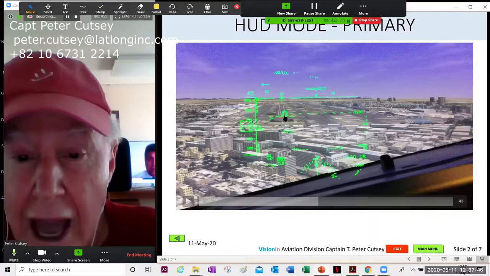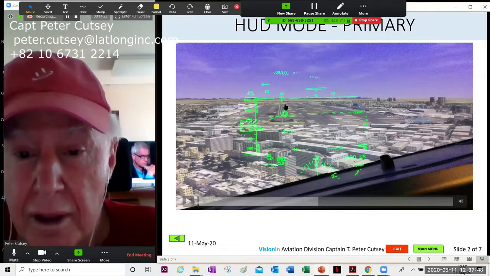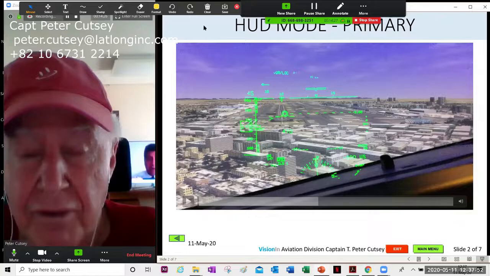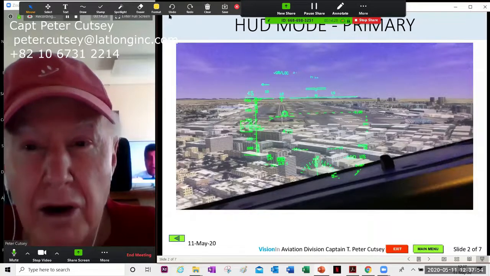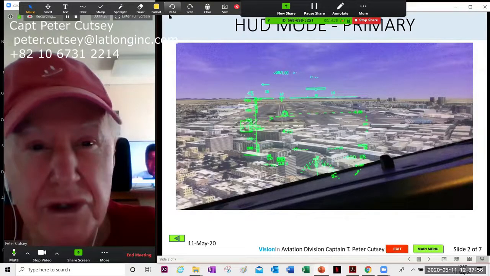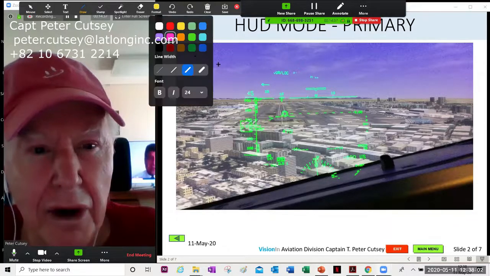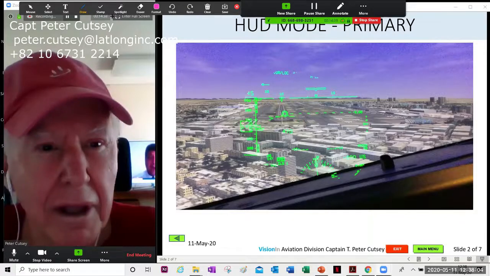That's called the guidance cue. And really, it's a flight director guidance cue. And if you had flight director bars, let me just see if we can draw a little picture here for you. Let's see if we can get some color here. And let's make them straight lines.